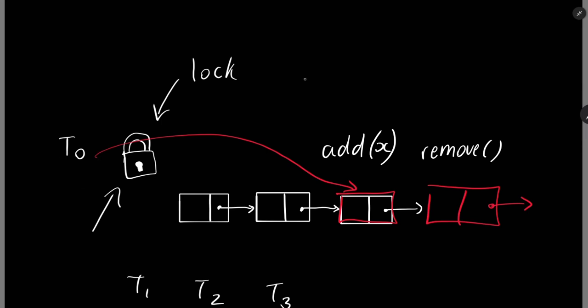And so we see that this can lead to the system being less efficient, because obviously this one can't work on what it wants to, because it has to wait for T0 to do everything that it's doing before it is allowed to attain the lock and then do what it needs to in the linked list.